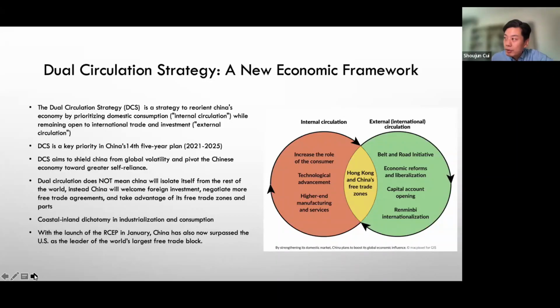So the economy of China is gradually slowing down due to several reasons. China's economy relies very much on the international market, and we export a lot of commodities to the international market.